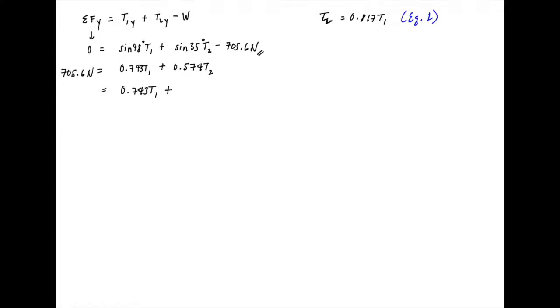So we can simply substitute it to the value of our equation 2, wherein this one, we have now the 0.740 of T1, and we have here 0.574, and since the value of T2 is 0.817 of T1, we could substitute it on this value.